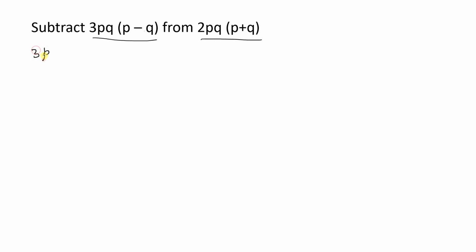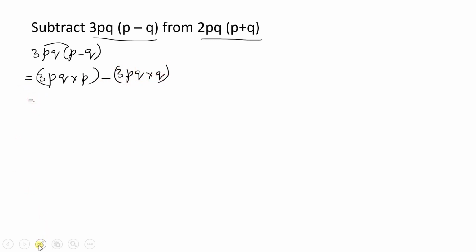So 3pq into p minus q is what? 3pq into p minus 3pq into q. That's equal to 3p into p is p square q minus 3pq square.